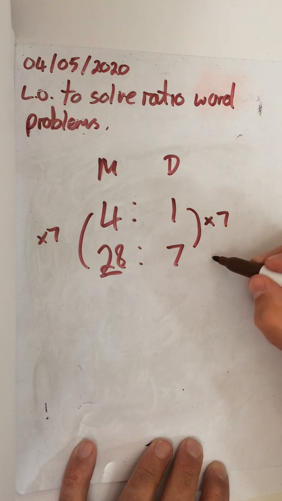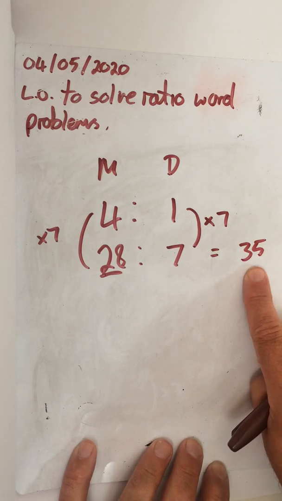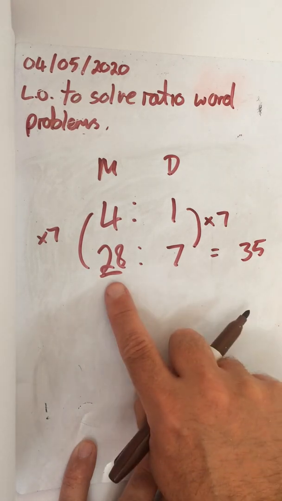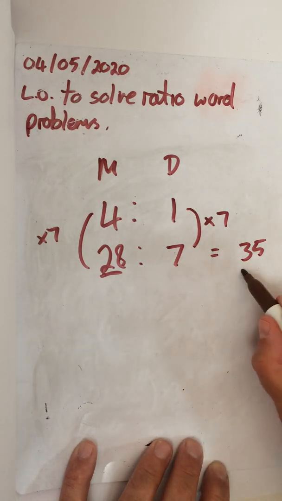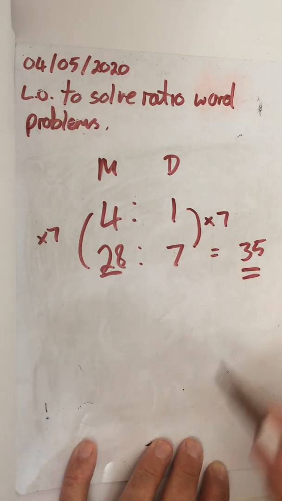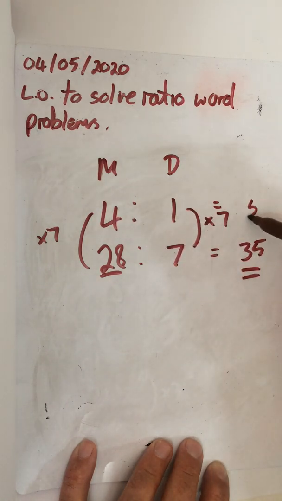And in fact the total in that box of chocolates is 35. Sometimes if I add up the ratios, that tells me how many there are in total. 4 add 1 is 5, and what you'll notice is that is also times 7.